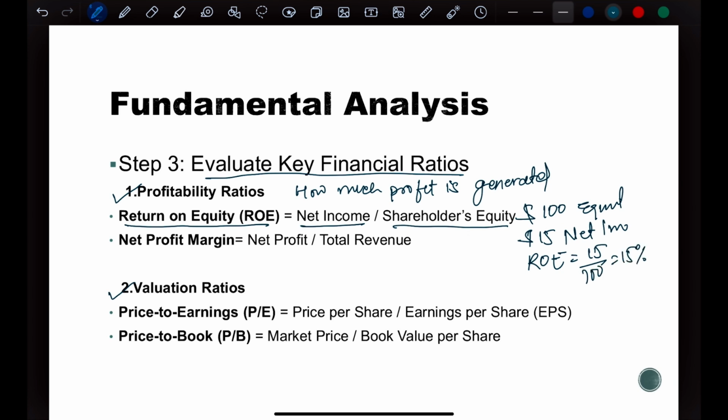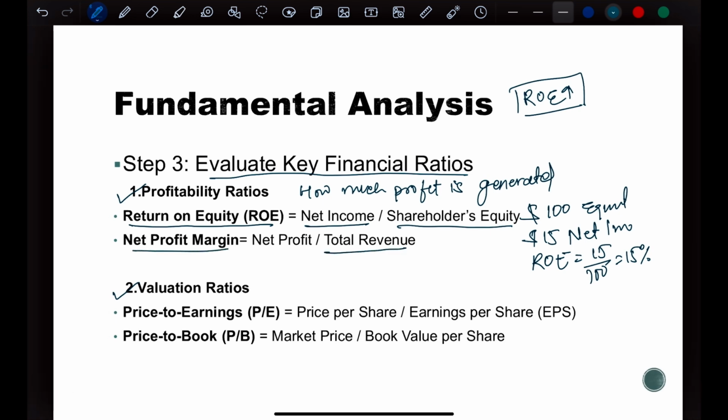Now the key benchmark is, the higher the ROE, the better the performance of the company. And the second thing is net profit margin, which is the net profit of the company from its total revenue, which can also be seen as how well the company is managing expenses.